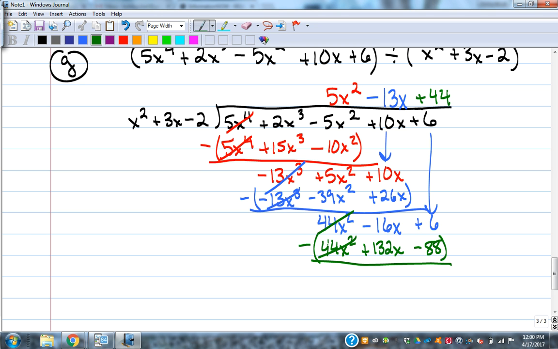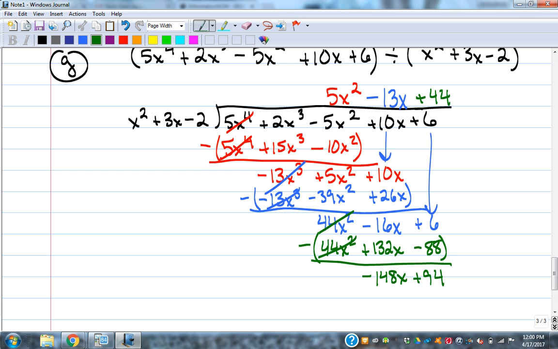These cancel. And then I have negative 16 minus 132. So adding those two numbers would be negative 148. 6 minus negative 88 would be 6 plus 88, which would be plus 94. I know this is the remainder because it's smaller than that. This is x squared, this is plain x. So this is smaller, so I know I'm done.